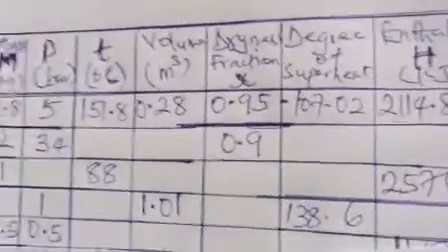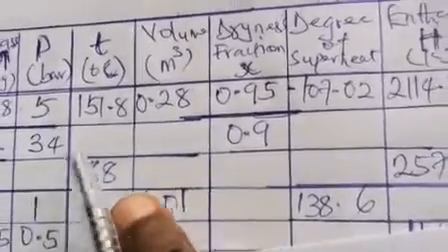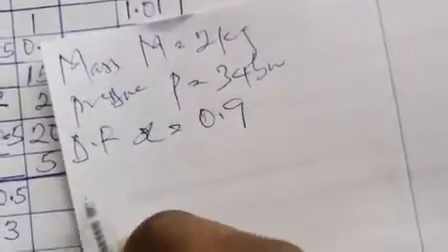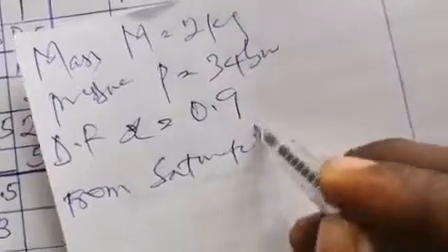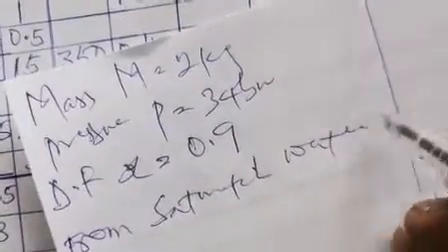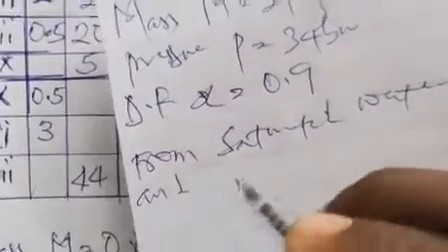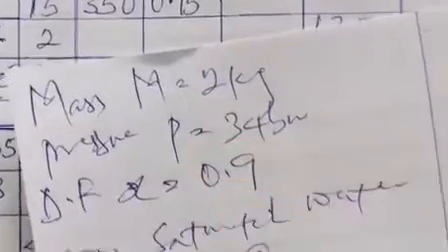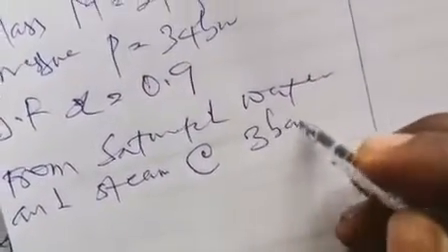Let's do this now and see. To find the saturation temperature, it has to correspond to the given pressure, so we check the saturated water and steam table, corresponding to 34 bar.